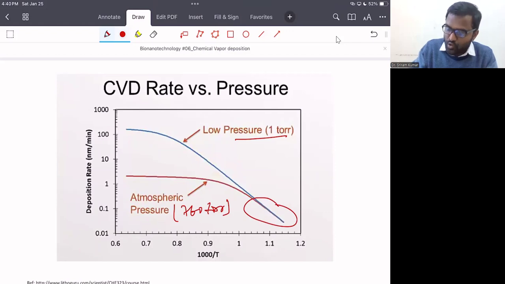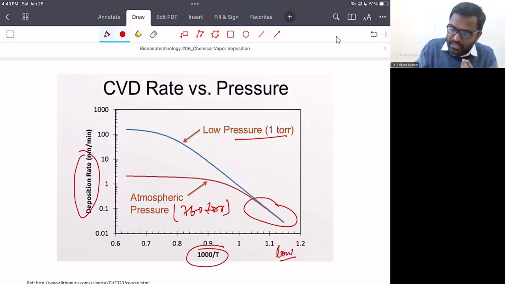So this is the very low temperature. If you monitor deposition rate with 1 by temperature, at very low temperature you have a similar deposition rate. But if you increase temperature, at atmospheric pressure you will very quickly get the diffusion control process.